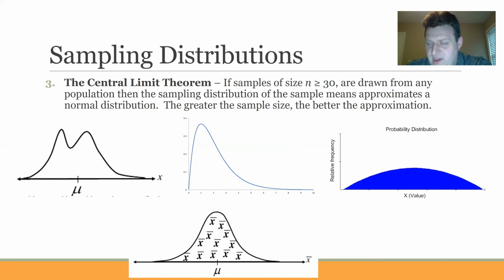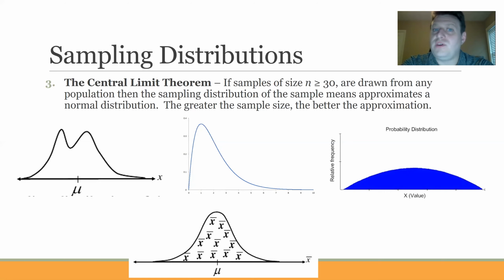Now, you might be thinking to yourself, why should I care? Well, if it's the case that for any data we're looking at, if we sample 30 or more people, our sampling distribution is going to be normally distributed, we can use the normal distribution to answer questions about every single data set. That is really cool.